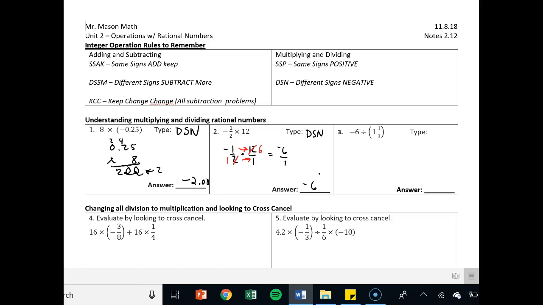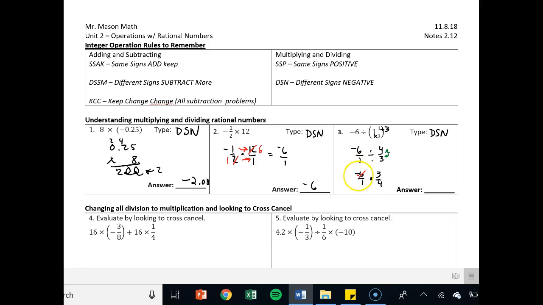Then for dividing fractions, again we have a DSN here, different signs negative. Remember, to divide fractions you have to convert a mixed number to an improper fraction first. So really, this is negative 6 over 1 divided by 4 over 3. When we divide fractions, we flip the second fraction. So negative 6 over 1 times 3 over 4. We can cross cancel the 6 and 4 by dividing by 2.